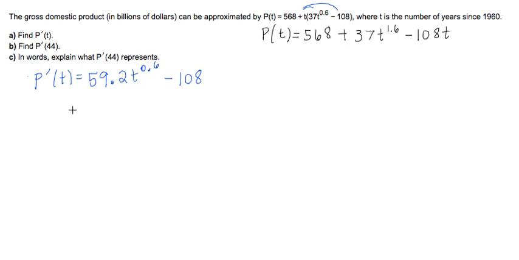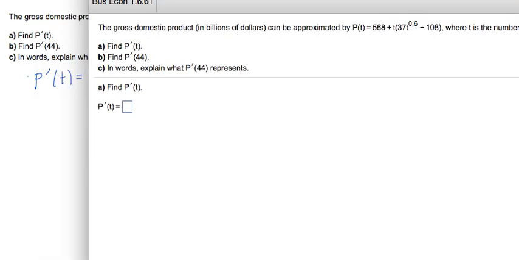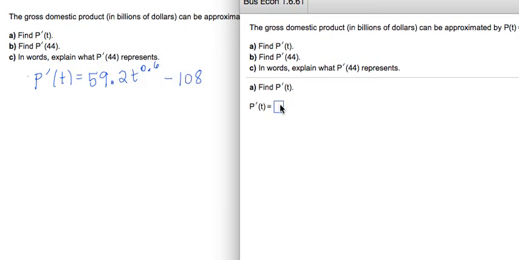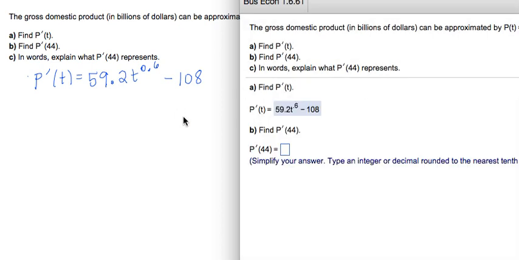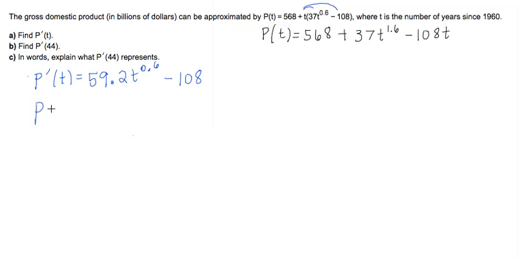Now we want to find p prime of 44. And I'm going to go ahead and do this in here as well. Okay, so we got p prime of 44. So we're going to plug 44 in for t.